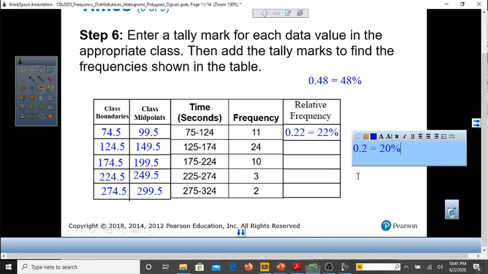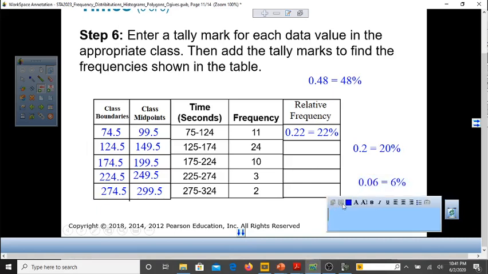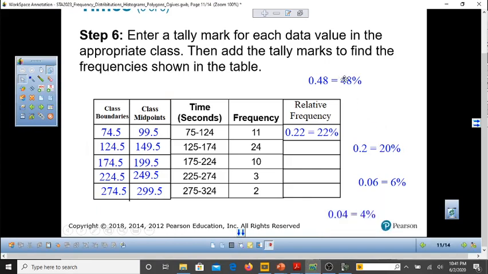And then 3 would be 0.06 or just 6%, and 2 would be 0.04 or just 4%. And of course, when you add up all of the decimals, that should add up to a total of 1. And if you add up all the percents, that should add up to a total of 100%.